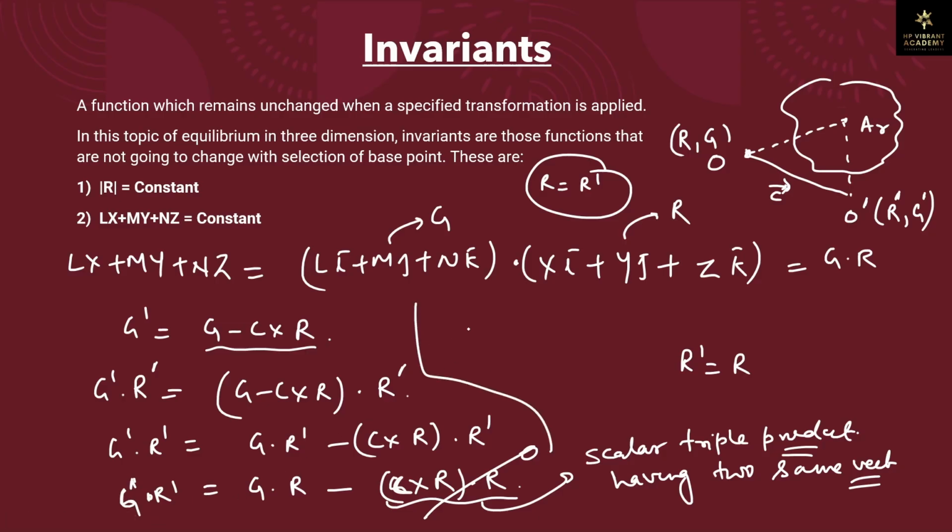So we have G dash dot R dash is equal to G dot R, and this is nothing but a constant.